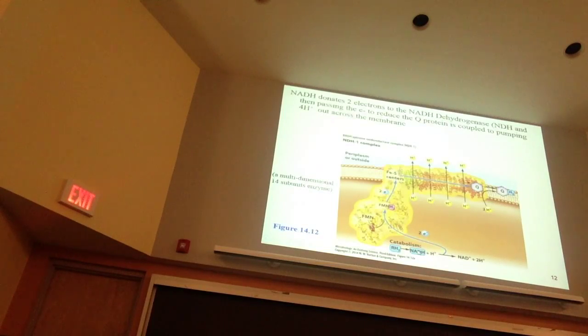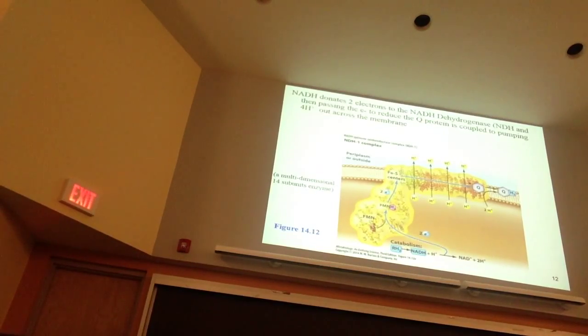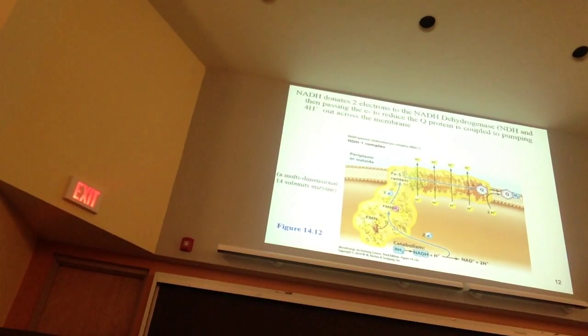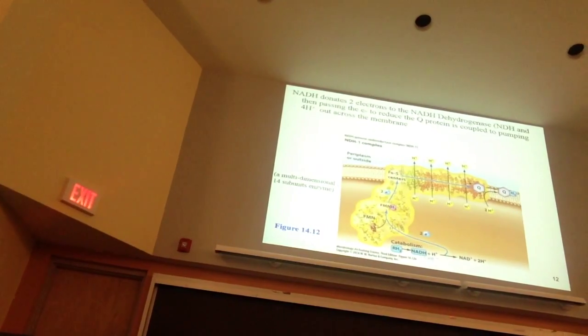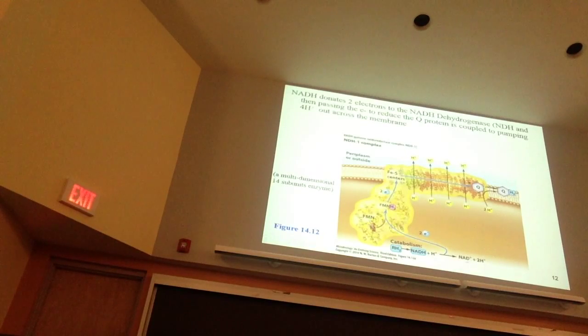Now, where did NADH get those electrons? From glycolysis, from the TCA cycle. So, connect chapter 13 to chapter 14. All of glucose's electrons are now being carried by NADH or FADH2. Here is a pair of electrons, which is what NADH carries. When NADH donates those electrons to the NDH protein, NADH becomes oxidized, NAD+. It has lost those electrons.